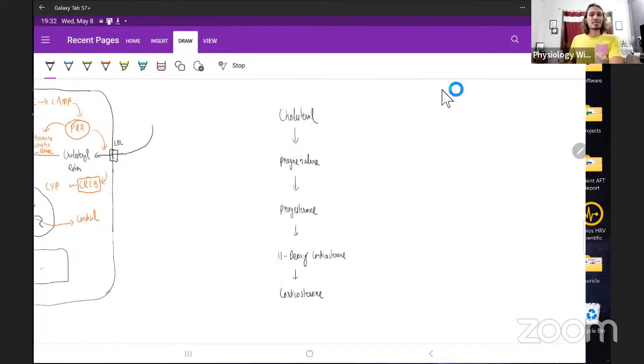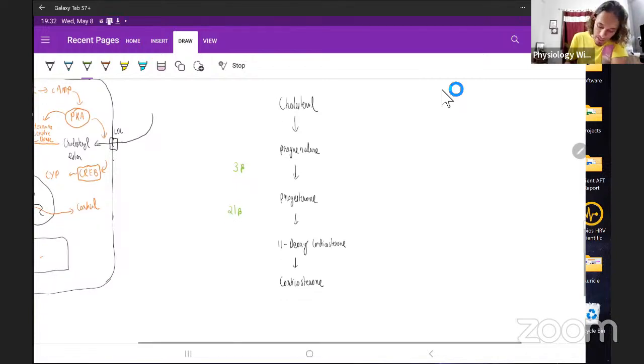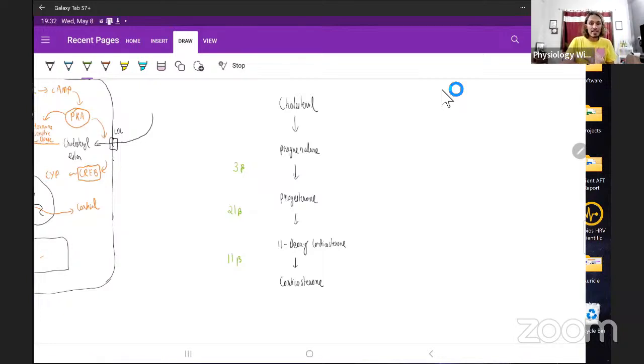So mind you, this is just a starting part. For this to happen, just remember some beta related enzymes are required. So over here, I'm just going to put 3 beta. Here, I'm going to put 21 beta. Here, I'll put 11 beta. So just beta stuff over here: 3 beta, 21 beta, 11 beta.